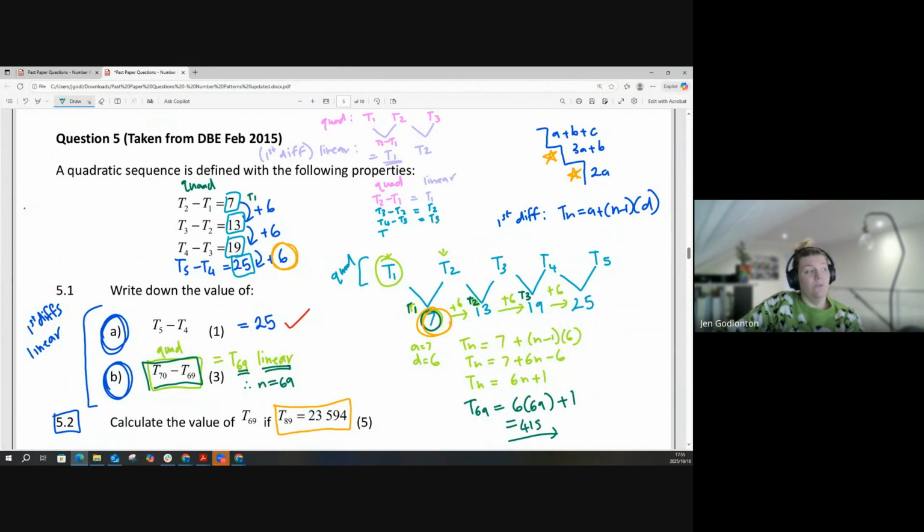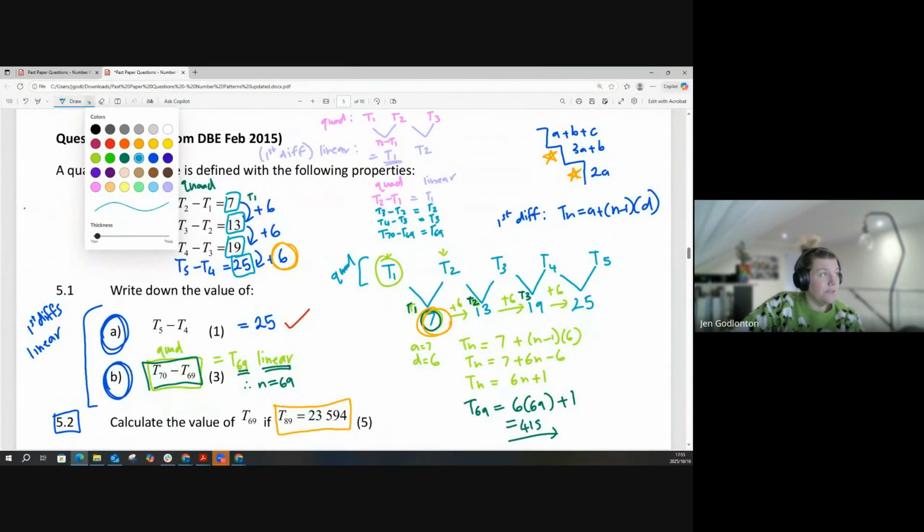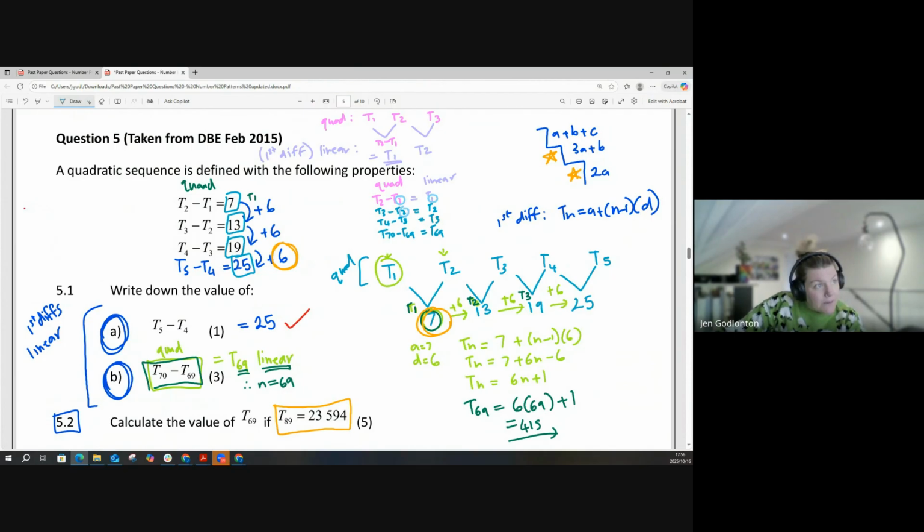So therefore, term 70 minus term 69 is going to give me term 69, because it's always going to be this number here. Oyanda, let me know if that helped. Cool.